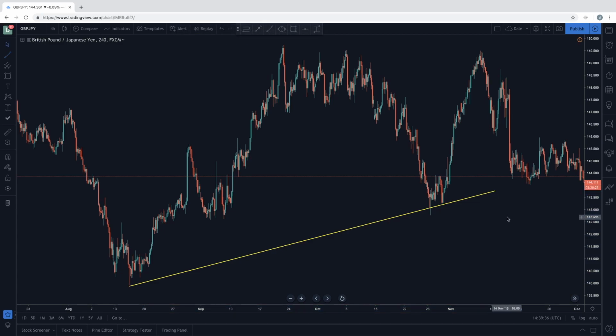Now, one thing that is part of my strategy is the third touch on a trend line is usually the magic touch. So in this example you can see one touch, two touch.